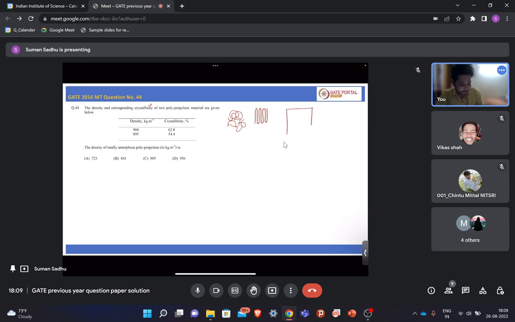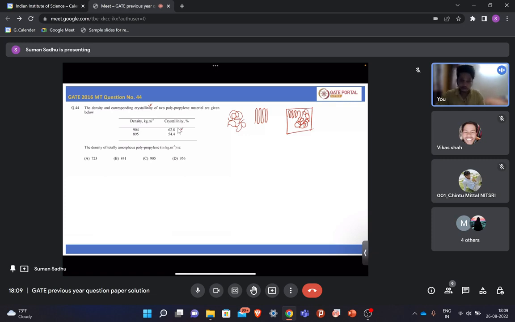Let's say this is a polymer. Somewhere it is arranged in a regular manner, somewhere it is amorphous. Depending on the percentage of crystallinity, its density will also vary. That is why the density is different when the crystallinity percentage is changing.